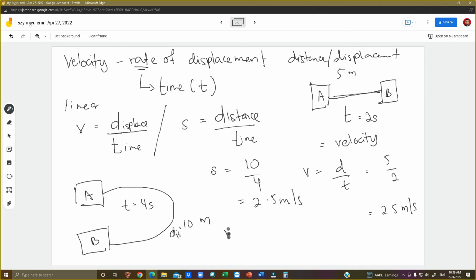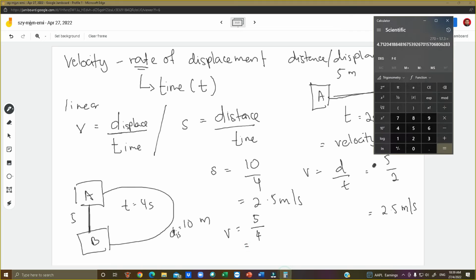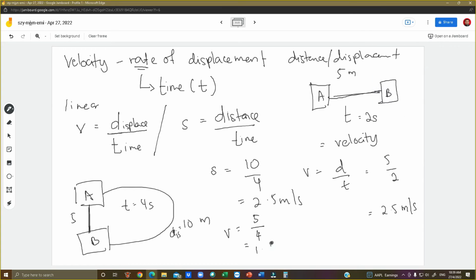What is the velocity? Bila dia tanya velocity, kita kena cari ini dulu sebenarnya. What is the distance between A and B in a straight line? Let's say curve is 10, straight line is 5. So velocity will be displacement over the time. 5 bagi 4, kecil je lah displacement dia. 1.25 meter per second. You're going to get different answer if it involves different pathway.